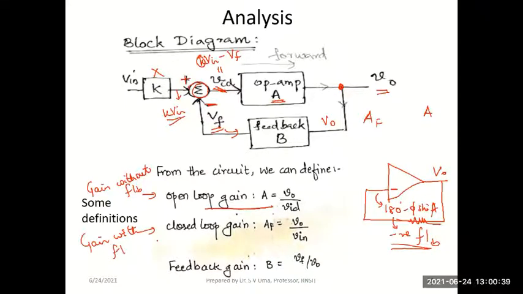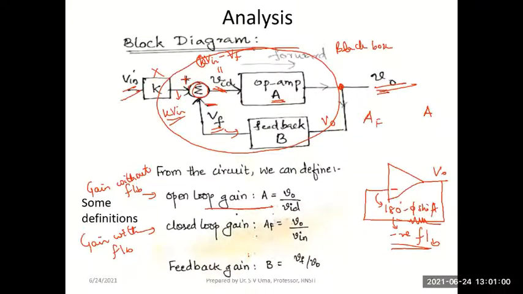How do I measure gain with feedback? I have to consider this whole thing as a black box. So if this whole thing is a black box, the actual applied input signal is V in and the finally measured output voltage is V0.